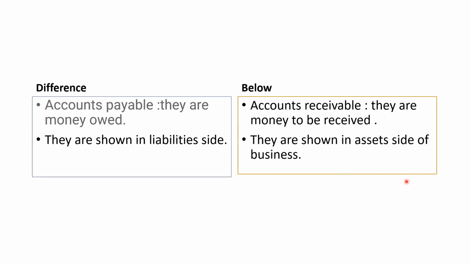We discussed in previous lessons that a current asset is something which gives you benefit for less than a year, and current assets are easily convertible into cash. Accounts receivable can be easily converted into cash, so it comes on the current asset side of the balance sheet.